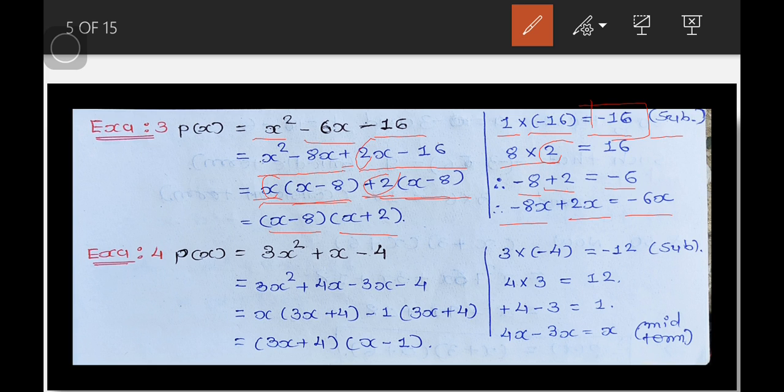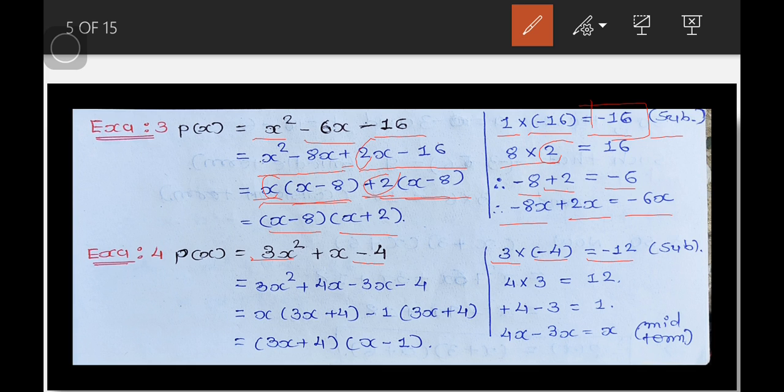So let us understand with more examples. Example number 4. P of x is equal to 3x square plus x minus 4. Now a is 3 and c is minus 4. We multiply 3 with 4, then we get minus 12.